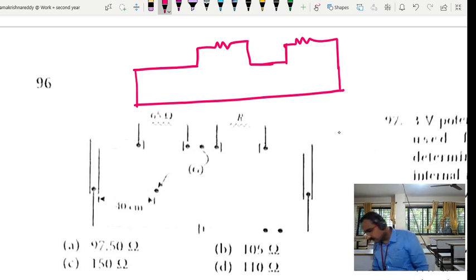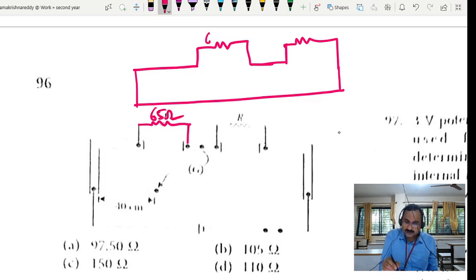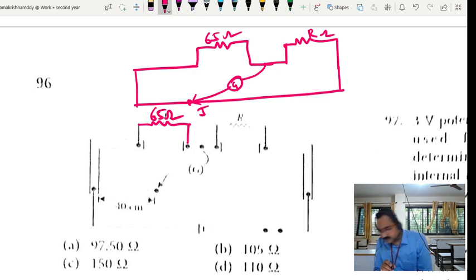This is 65 ohm and R. This is the resistor they have given, no? That is 65 ohm. This is R ohm. And the balancing length, how much have they given? 40 centimeter here, and jockey J, that is 40 centimeter.